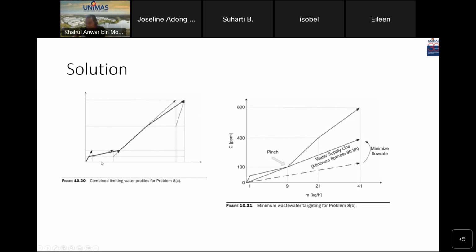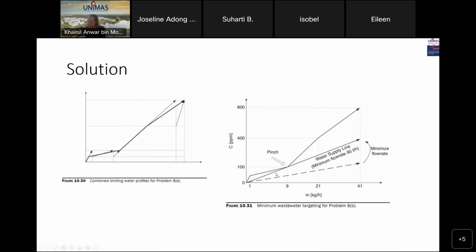So here C in is 50 to 100, 0 to 50 to 100, then 100 to 400, 400 to 800. This is the combined limiting water profile.